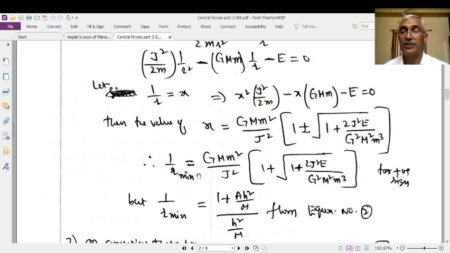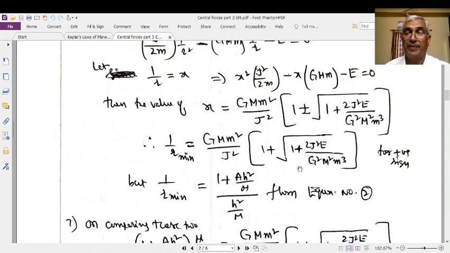For r minimum you will get the plus value, because E is negative. Remember, E is negative. If you put plus minus here, minus minus becomes plus and you will get the maximum value. Therefore, 1 by r minimum, as E is negative, here we will place plus.